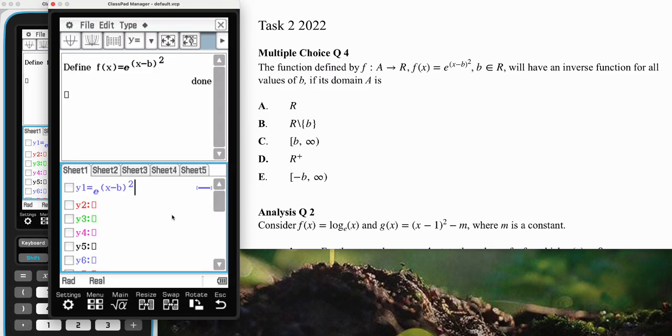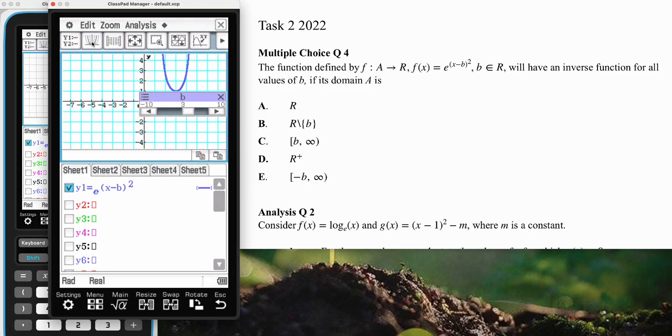In order to make the slider work, I need to tick that and then tap on the icon second from the left, and I'll get this function. And I'll get my slider. And I can slide along to see what effect that b has on the shape of the graph. And I think you can see immediately that what's happening is it's just shifting left and right.